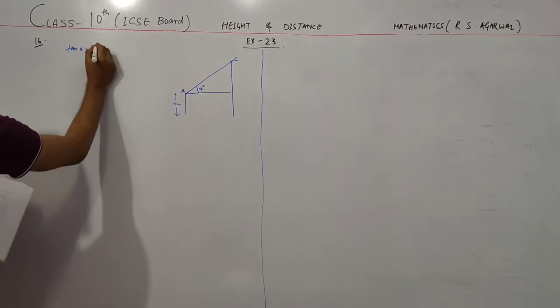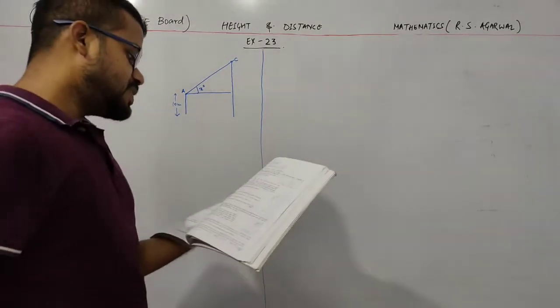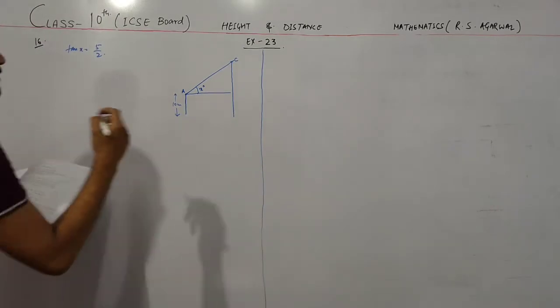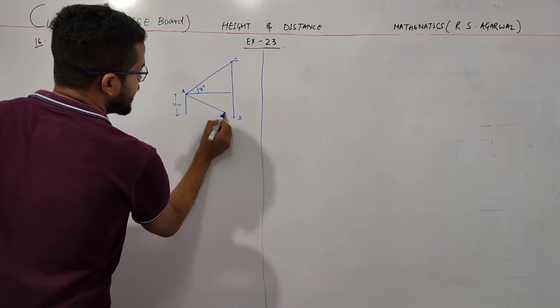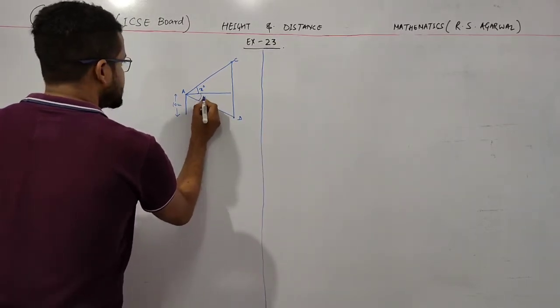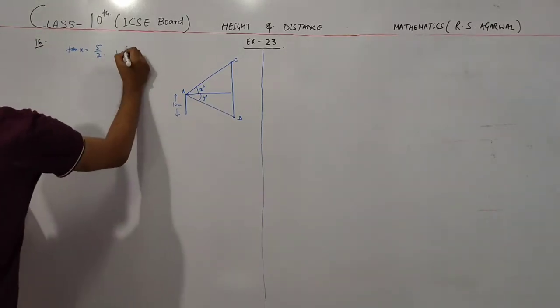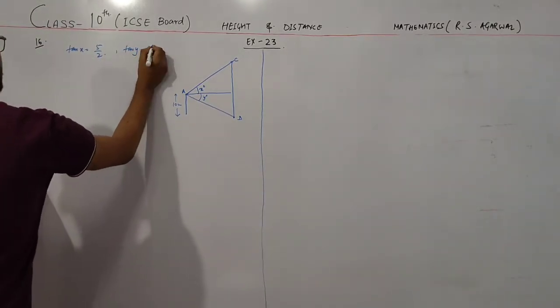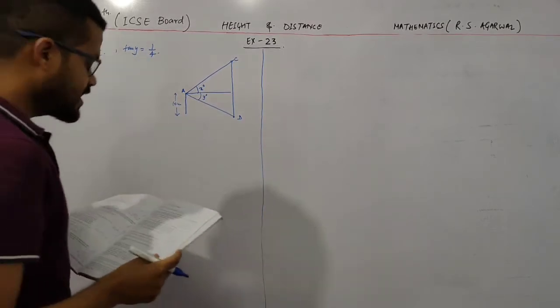Here tan x is directly given as 5 by 2. And the angle of depression of the foot D of the tower is y degree, where tan y is 1 by 4.